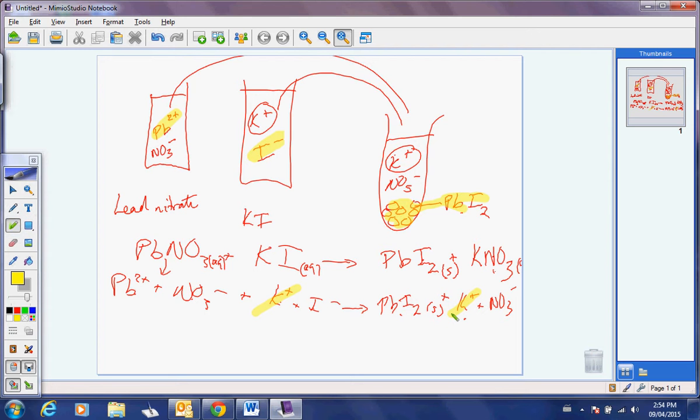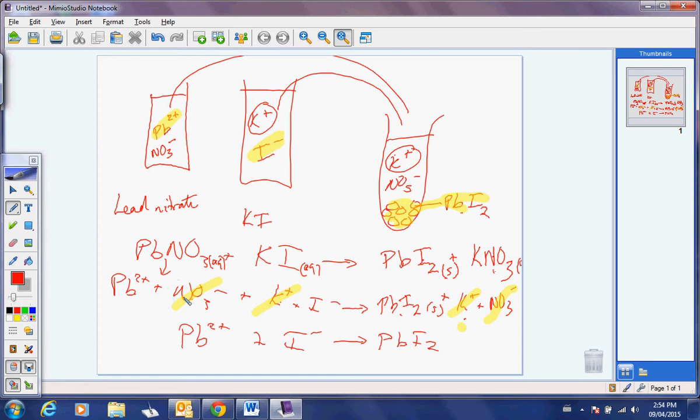It's there when I start, and it's there when I end. It hasn't changed. It's spectating. Anything else starting and ending the same way, unchanged? And so what's actually happened, the Pb2 plus and the I minus went to PbI2. That's actually what's happening.